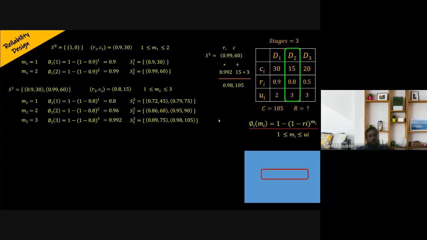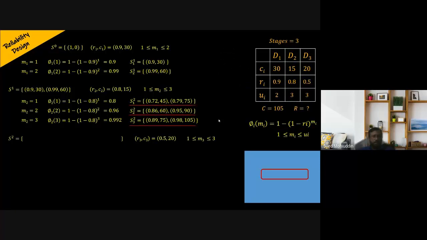So we get sets S2 of 1, S2 of 2, and S2 of 3. The union of these three sets will give us the set S2. Now let us arrange these according to increasing order of reliability.